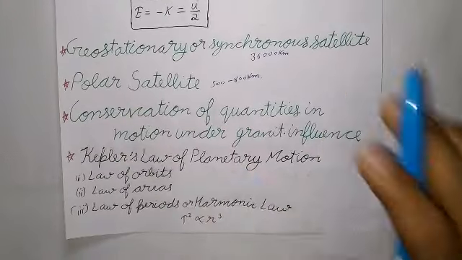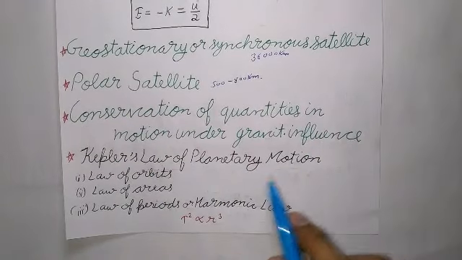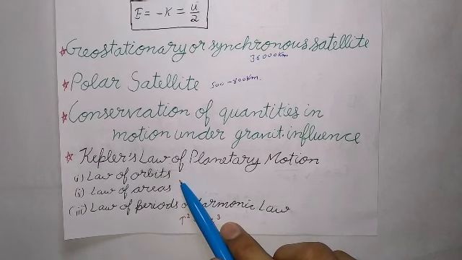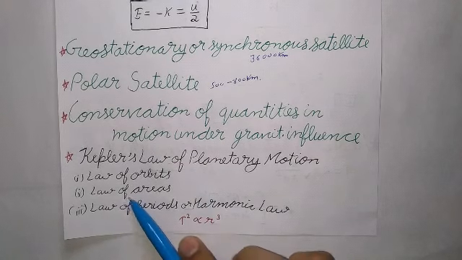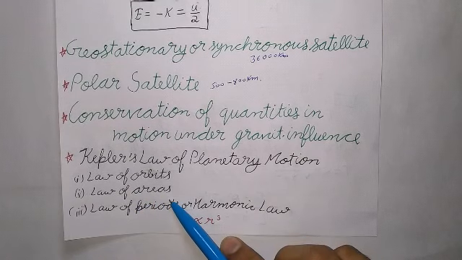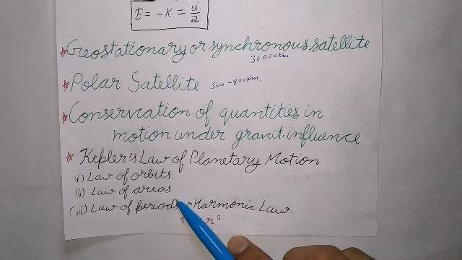Now let's discuss Kepler's laws of planetary motion. First, law of orbits. Every planet moves in an elliptical orbit around the sun, with the sun being at one of the foci. Second law is law of areas. The radius vector drawn from the sun to the planet sweeps out equal areas in equal intervals of time.